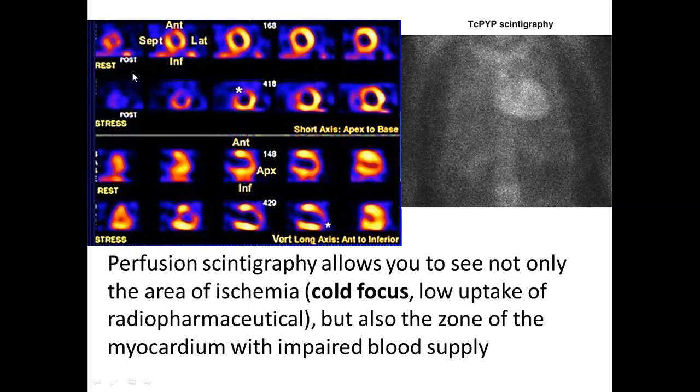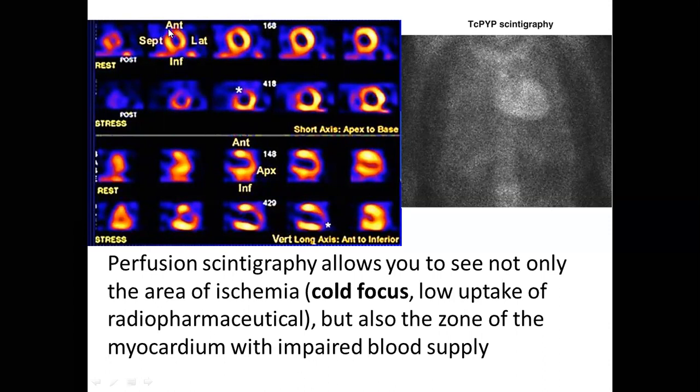This is how the heart is moving, like the left ventricle is moving and perfused during rest. However, if you have stress, your patient has low uptake of radiopharmaceuticals, especially in this spot right there in the anterior wall.